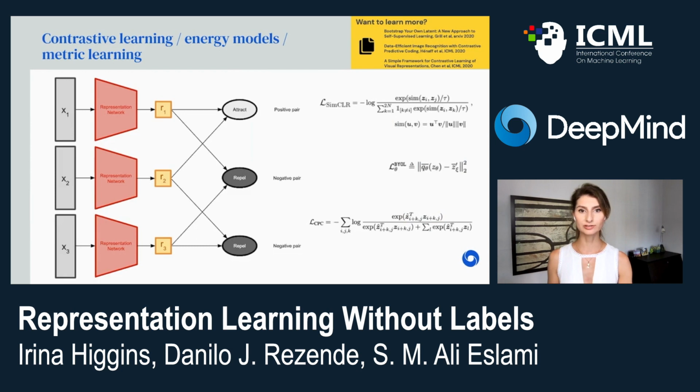When it comes to contrastive learning, which, as we saw from Danilo's talk, is an instantiation of energy models, and is sometimes also referred to as metric learning, the loss that shapes the representations typically relies on a calculation of similarity between pairs of embeddings. While this similarity function can be defined to be arbitrarily complex, in practice, most methods use simple distance metrics, like the L2, cosine similarity, or dot product. All of these implicitly assume that they are operating on Euclidean vector spaces.